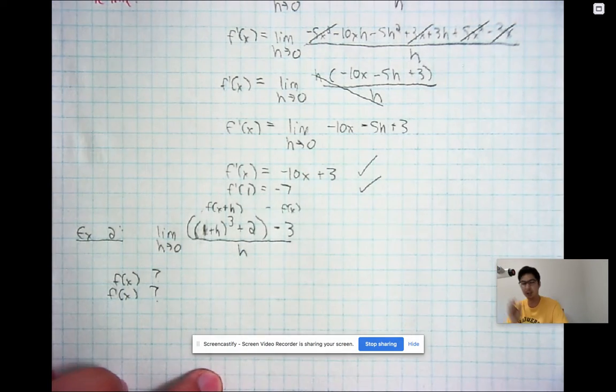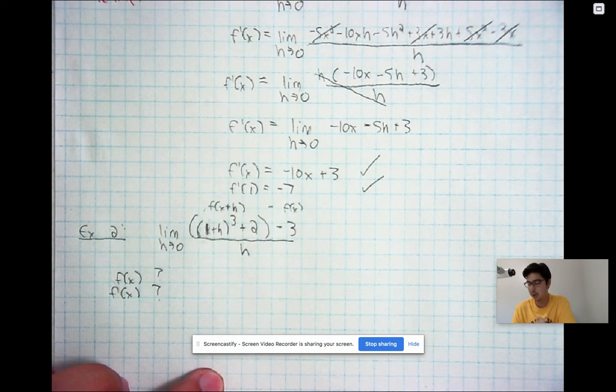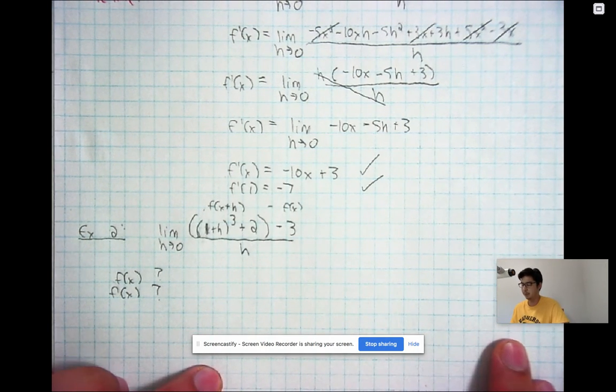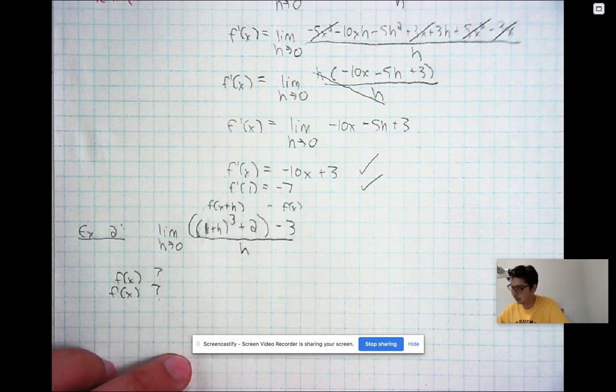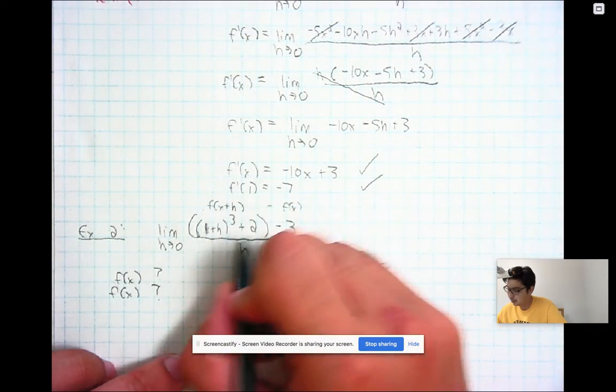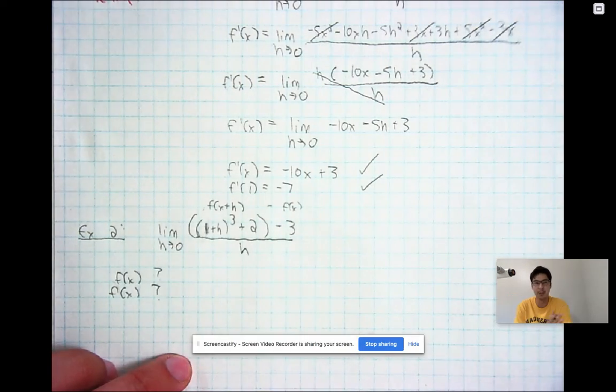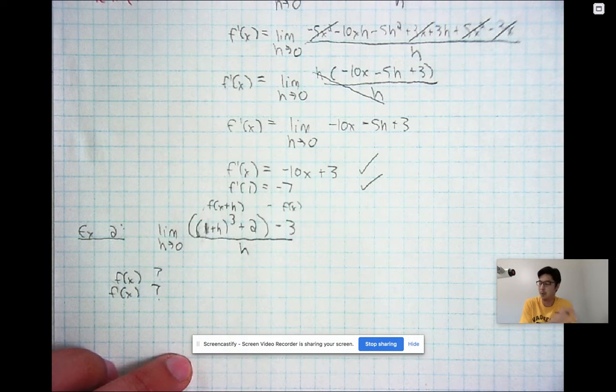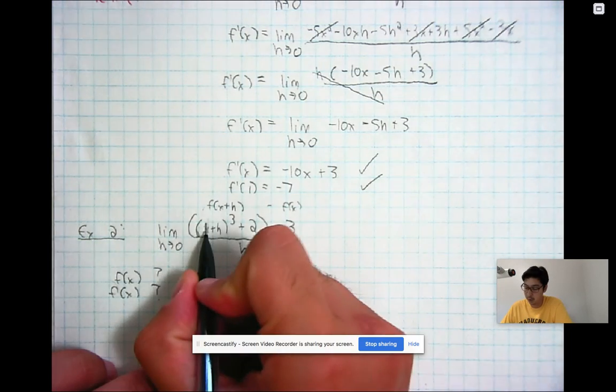Now look inside. That's usually the goal with these, and there's going to be something else with that in the future. But if you look inside here, notice that the x plus h, I don't see x's, so they must have already plugged in a number. There's a value which they want to approach, probably 1, because there's a 1 there.